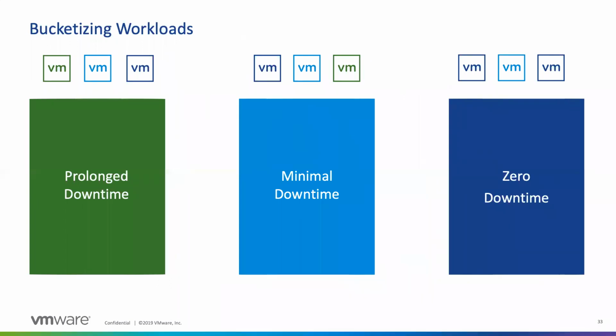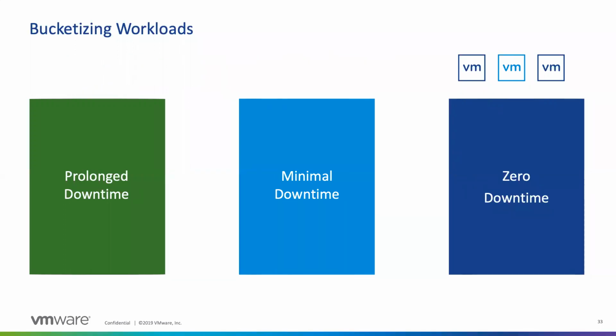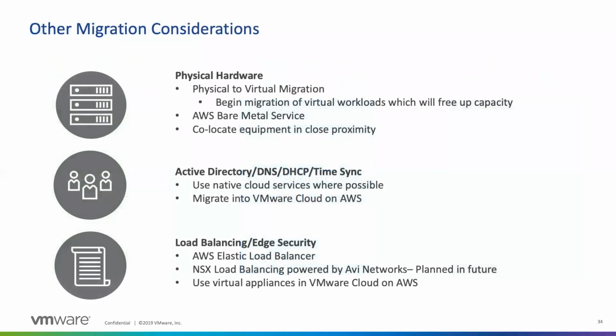Then minimal downtime, things that could handle a reboot of that server, but really can't handle much more than that. And then those mission critical applications that can have no downtime. They need to move without the application going offline. And just start building those buckets of these different workloads. And this serves as the first step in building your waves of migration.